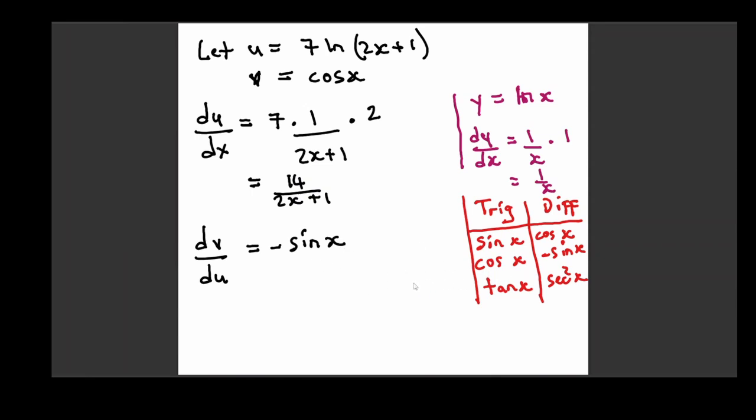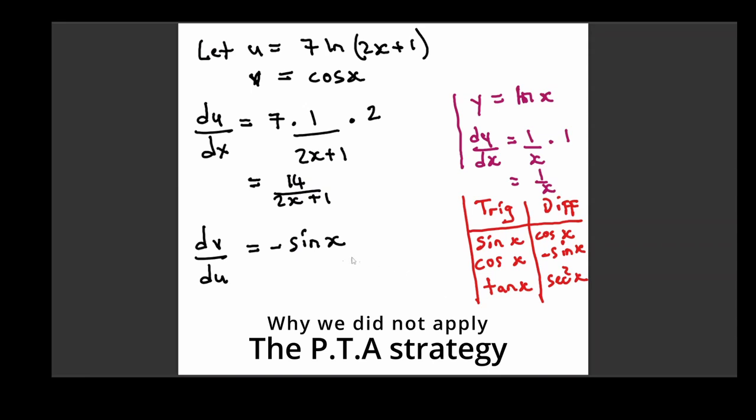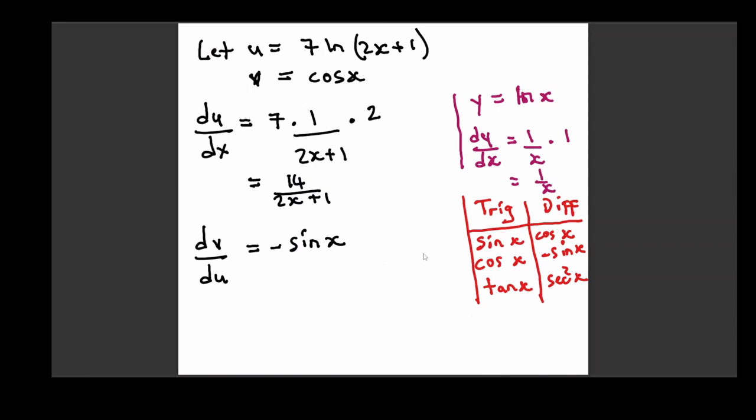We should have used the PTA strategy, where we differentiate firstly with respect to the power, then with respect to the trigonometrical function, and lastly with respect to the algebraic expression. But in this case, we only have cos x. There is no power, there's only the trig, and there is no algebraic expression. So in this case, we just quote the derivative of cos x, which is minus sine x.